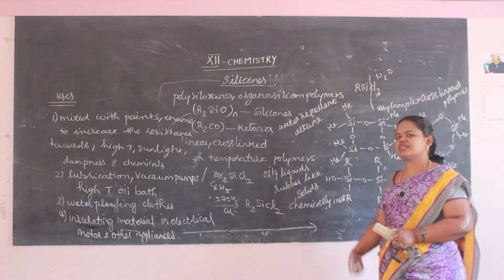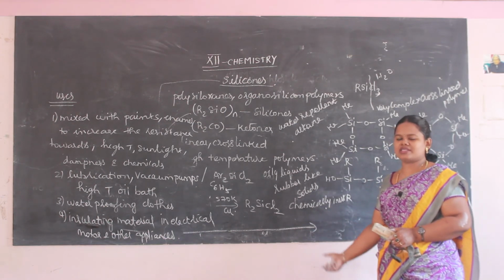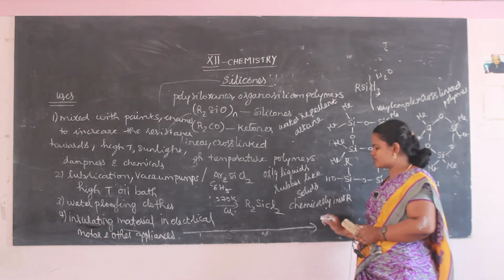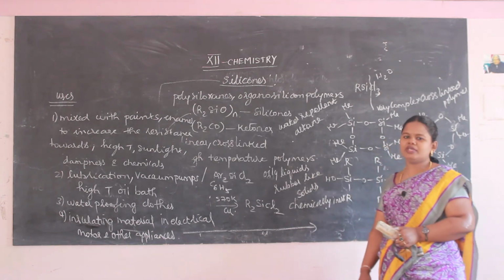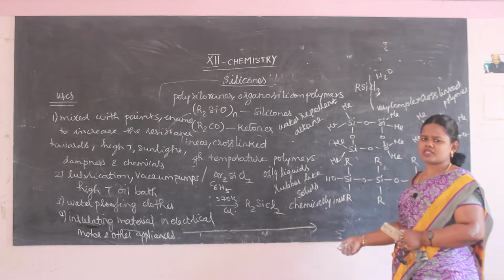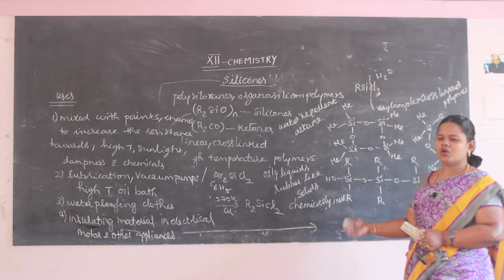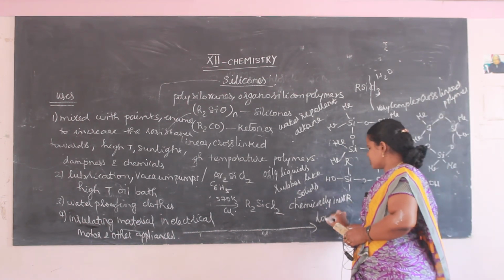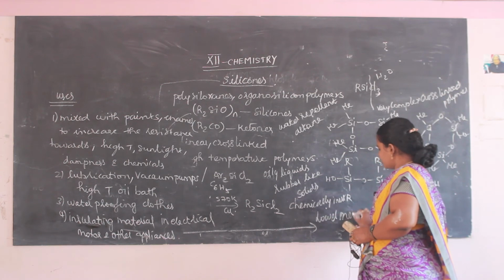They are used as electrical and thermal insulators. Now the lower members, what are they? They are all liquids. Lower members are liquids.